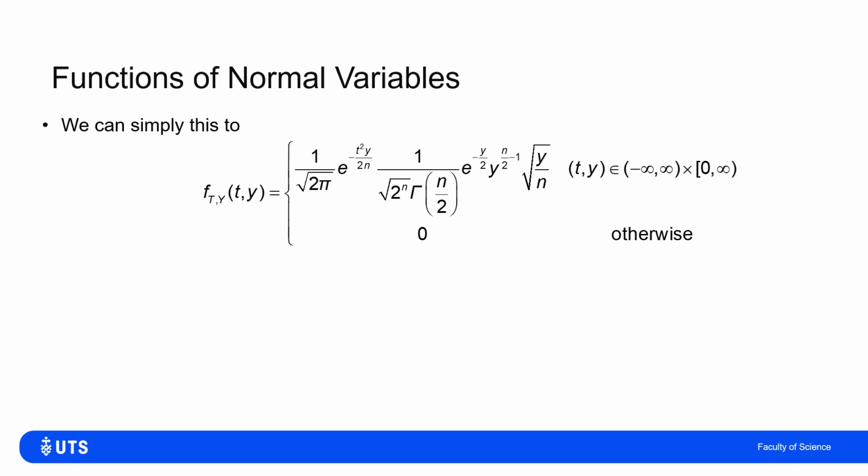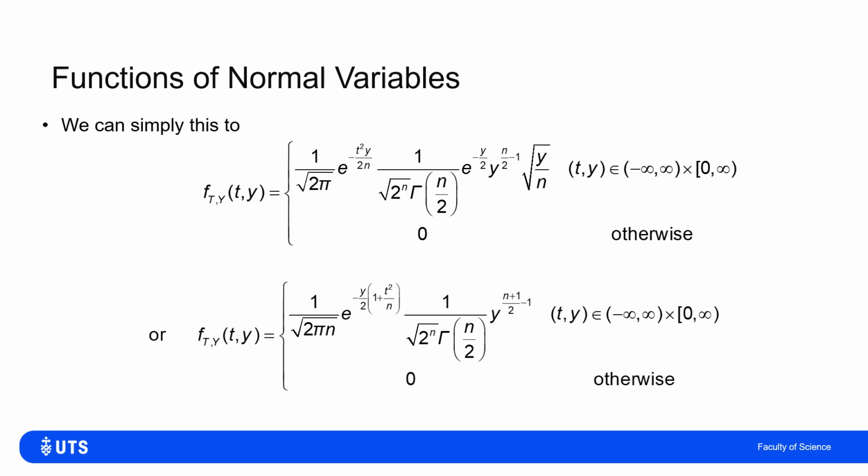Now when I tidy that up a bit, I get to this. Don't worry if you're slightly put off by this. I won't ask you ever to write any of this out. But simplifying further, I get to this point.